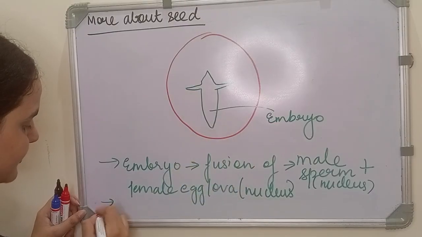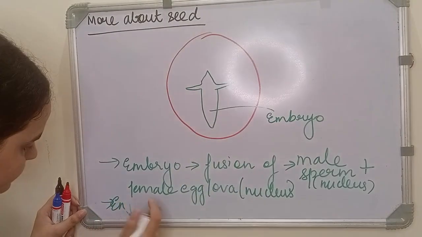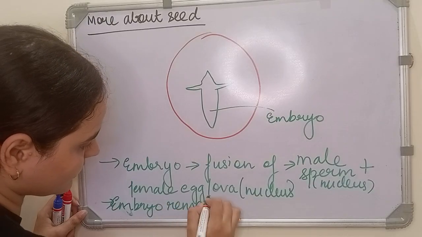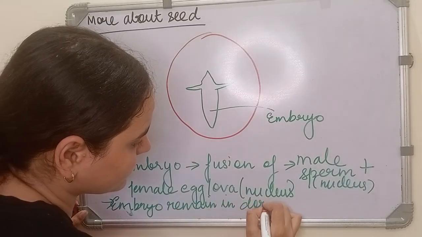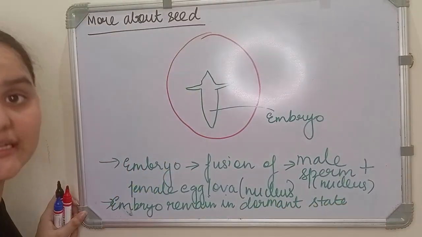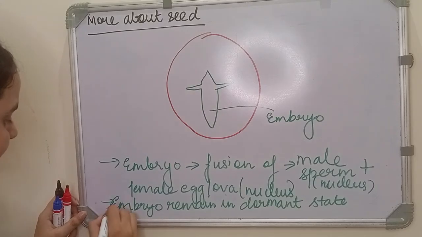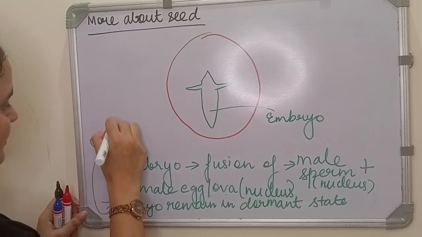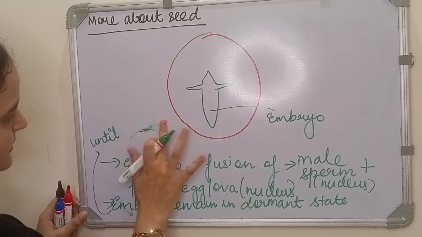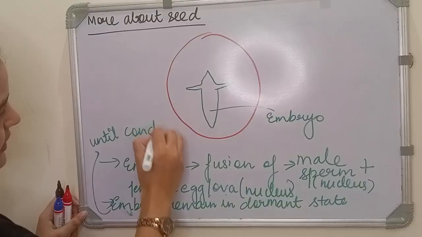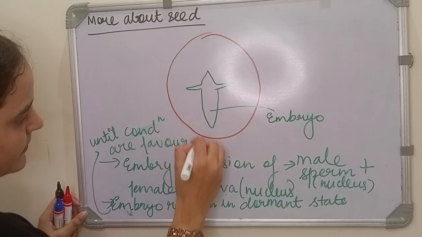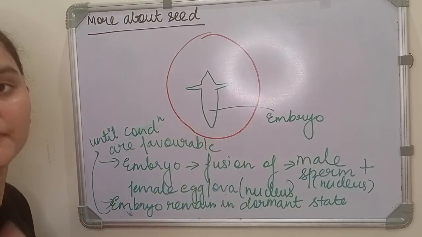So the embryo remains in dormant state until conditions are favorable, means proper light, temperature, oxygen.